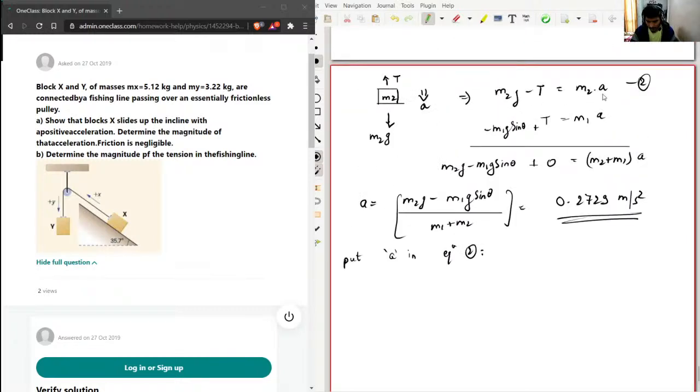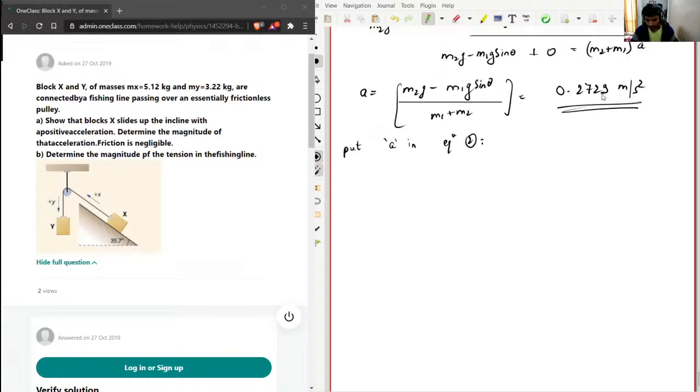So T will be m2g minus m2a, which is 9.8 minus 0.2729, into m2, which is 3.22.